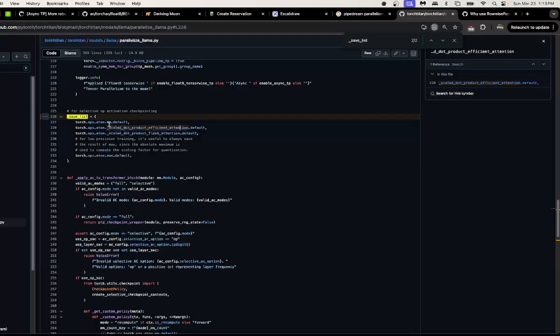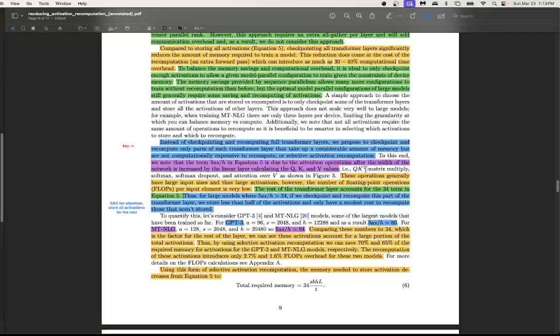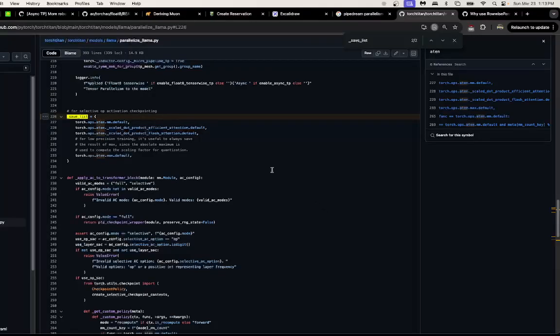But actually, hold on. ATen MM is matmul, and QK transpose is a matmul, so it seems like they're saving that. So I don't think they're exactly implementing this part. And then for Max, they're saving that because that's for low precision training, like float 8.